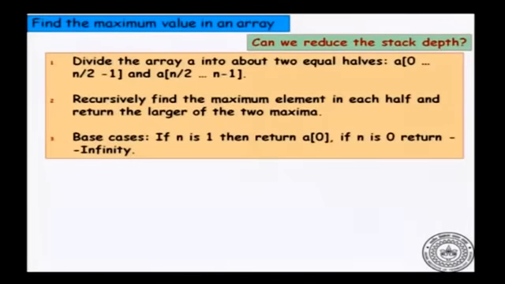Here is an alternate way to look at the problem, which can be described in a very simple way. Instead of looking at the maximum of the first element and then the tail, what I can do is take an array of size n and split it roughly into half. So, there is a left half and a right half, each of size n over 2.